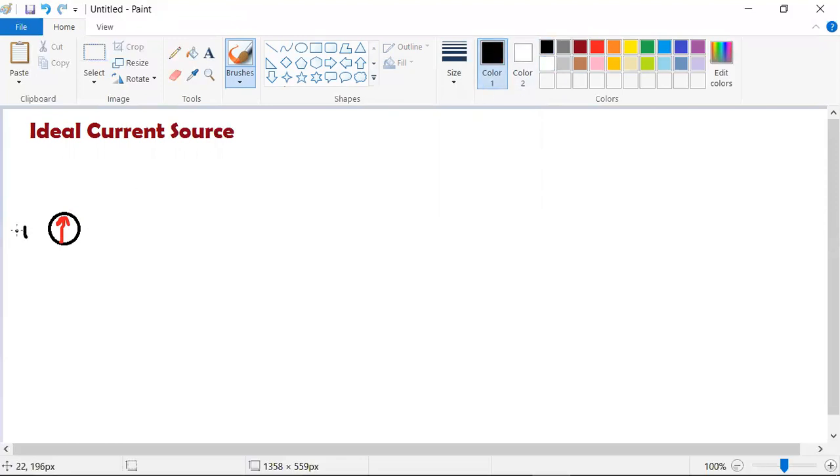This is current source IS, which has the internal resistance RS.